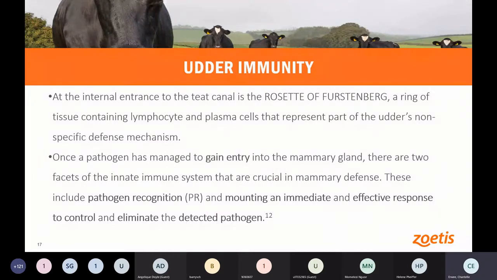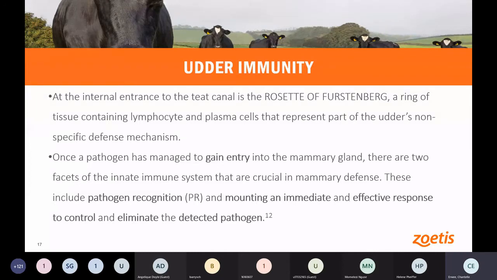Then there are other facets which we in general call the innate immune system that will be crucial, right? But in order for them to do their job, firstly, the pathogen needs to be recognized. Okay, so it needs to be seen and recognized, and an alarm needs to be made, basically, right? And then once it's been recognized, an immediate and effective response needs to be launched so that that pathogen can be eliminated and controlled as quickly as possible. All right.